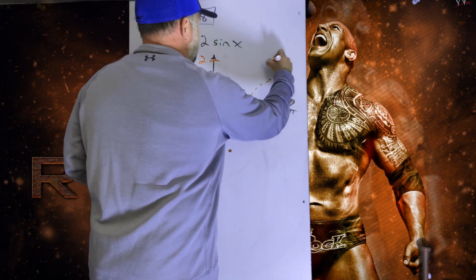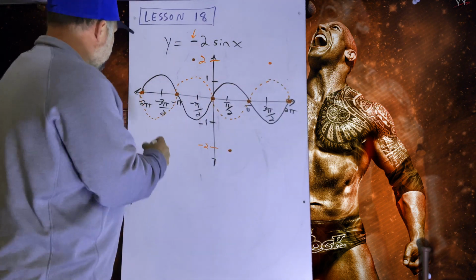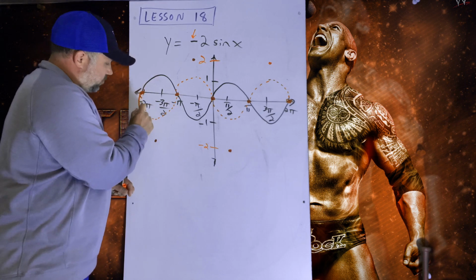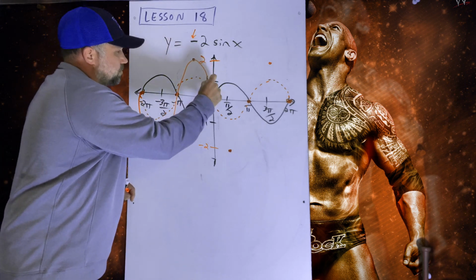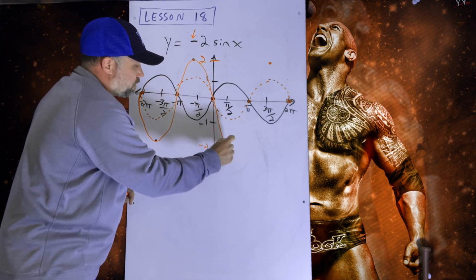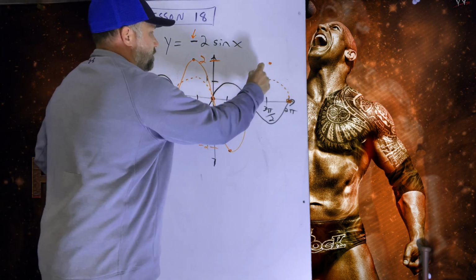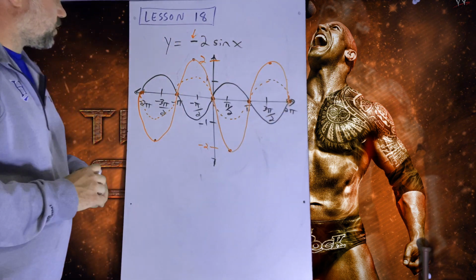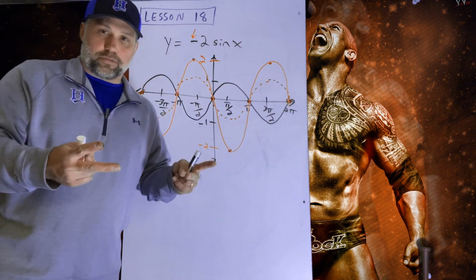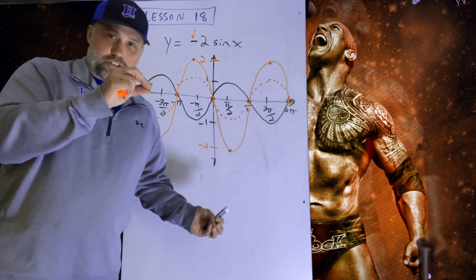And then up to 2 here. So my new graph is going to come down, go back to 0, go back up, down to 0, down to -2, back to 0, back up, and then back down. So that graph has been reflected over the x-axis, stretched by 2.